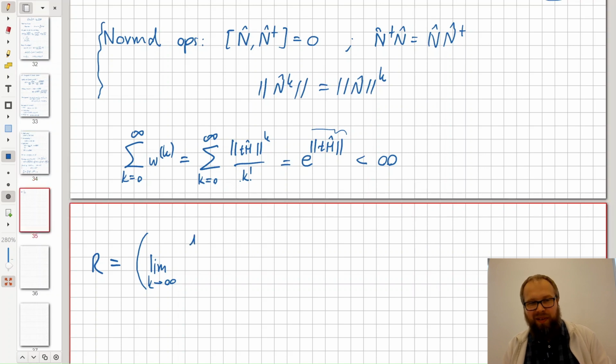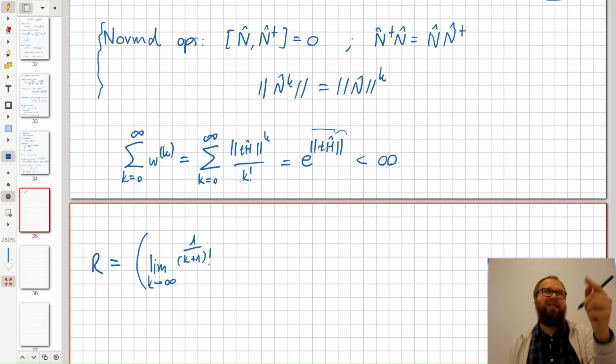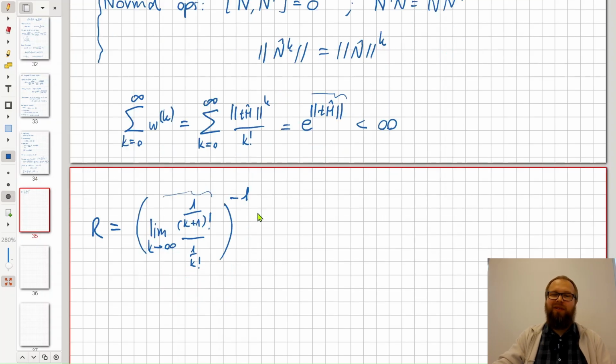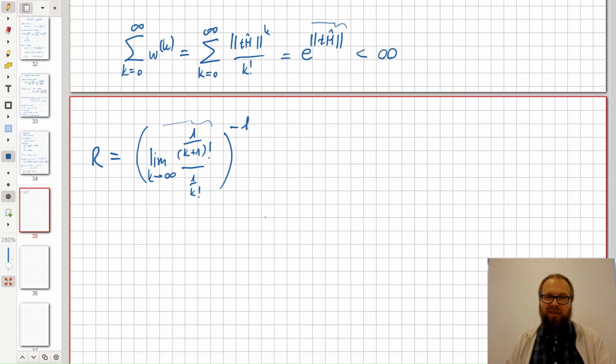So we take k plus 1 factorial, that would be the k plus 1 coefficient, right? Divided by 1 over k factorial. And we take 1 over this to get the radius. So this is the ratio for the ratio test, and 1 over it will be the radius of convergence for our power series.